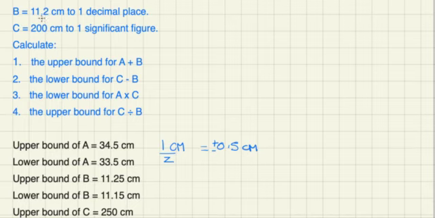So this has been measured to this level here. Now it says to 1 decimal place, so 1 decimal place is 0.1. And here you have to divide 0.1 by 2, which gives 0.05.